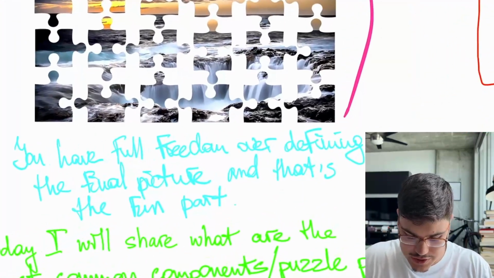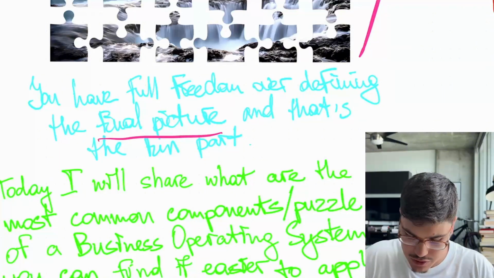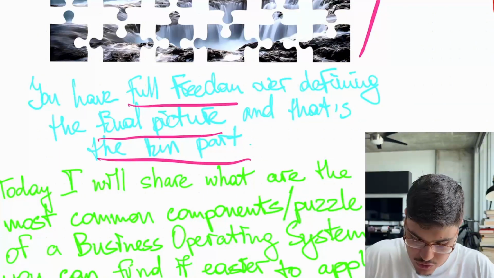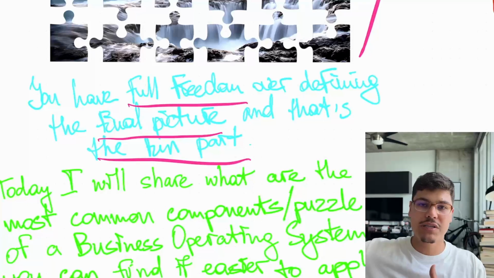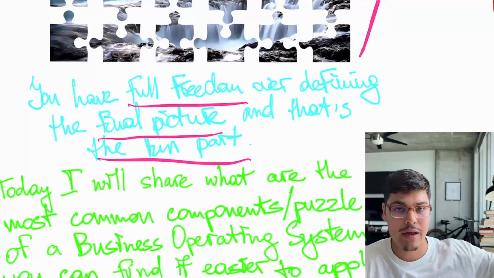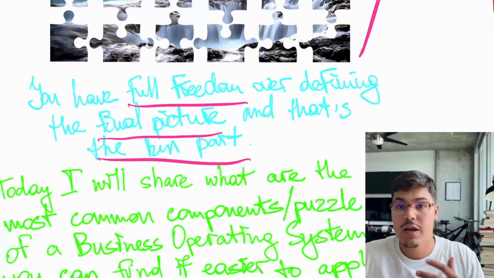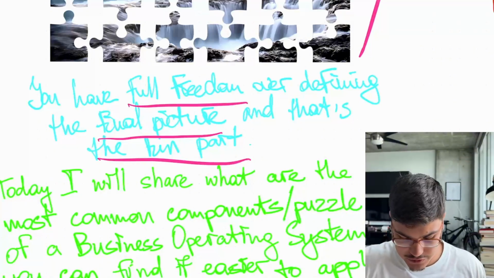The fun part is that you have full freedom over defining the final picture. You define what that final picture of your business operating system looks like, and how it's going to be different from all your competitors, so that you can beat your competition, serve more customers, and make more money at the end of the day.